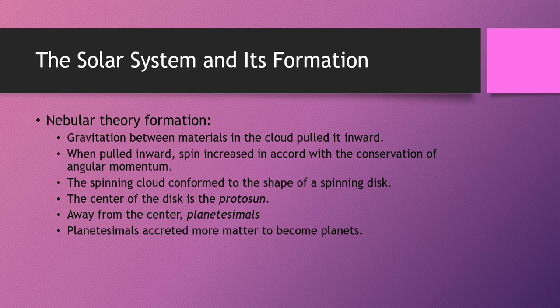Very large planets, but mostly made up of gases and not of solid material. And so the sun really differentiated the entire solar system. And you're going to see that the sun plays a huge role in the way the solar system formed, but also just how things behave in the solar system.